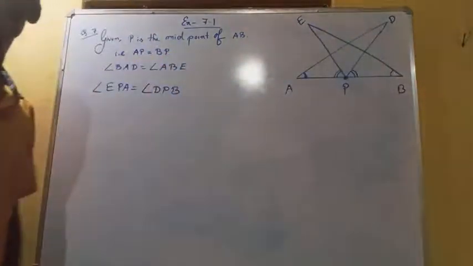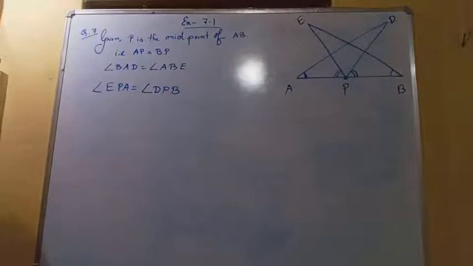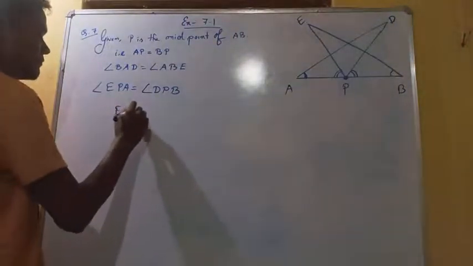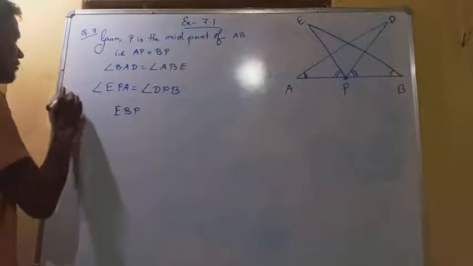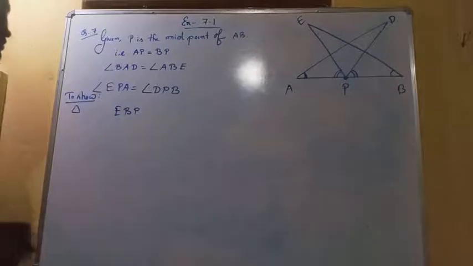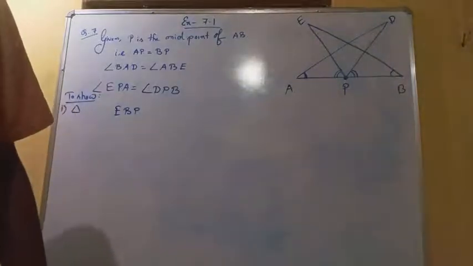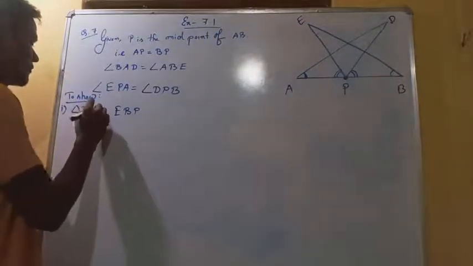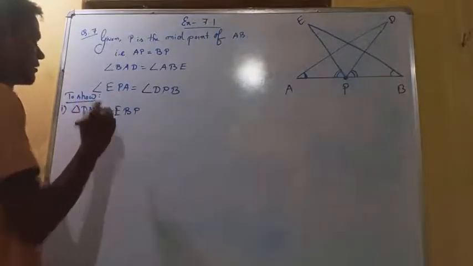Now, the first one we have to show is that triangle DAP is congruent to triangle EBP.